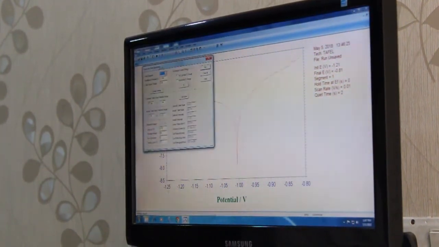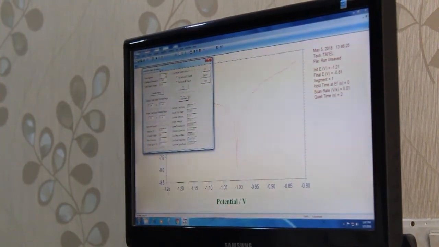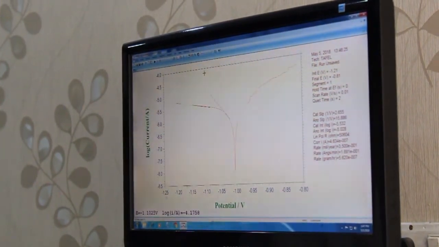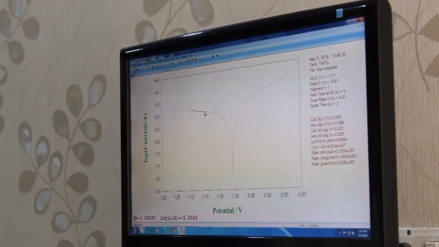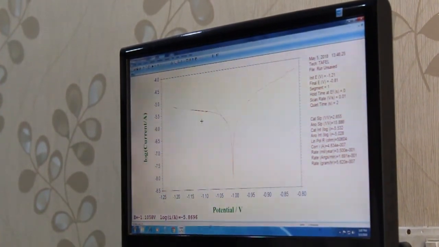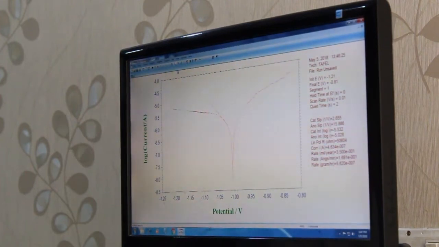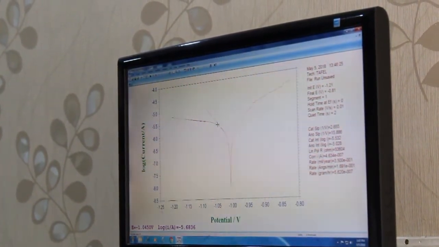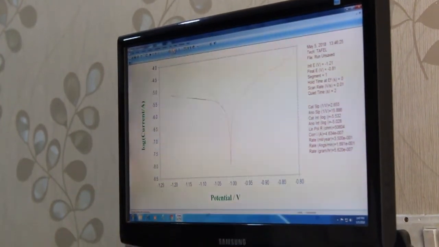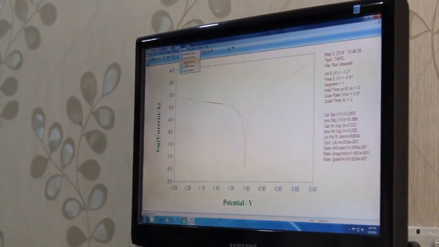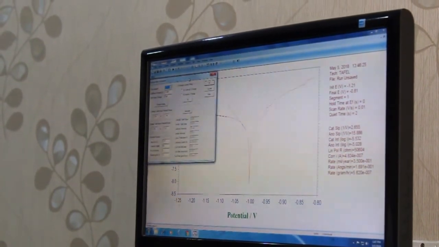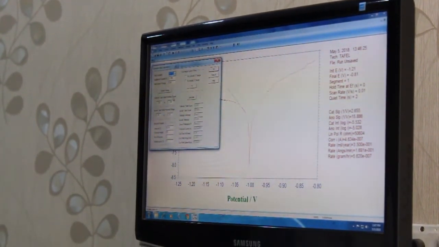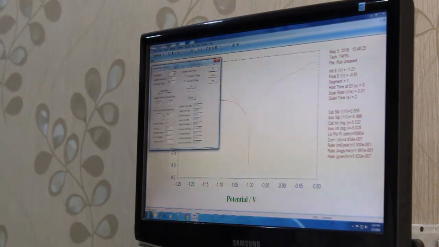I go for a special analysis. I say calculate, I say okay. Now it's not doing the job. The software is taking a range arbitrarily, so I have to take between minus 1.1 to 1.05. So I say special analysis, minus 1.1 to 1.05.